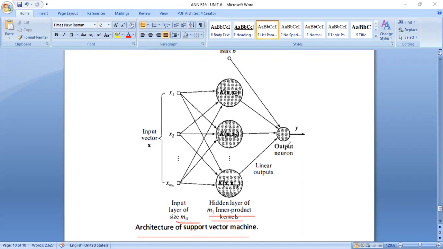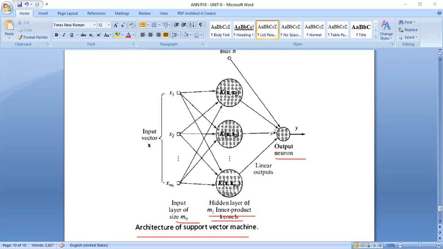After that, coming to the last layer, the output layer. At the output layer we have only one neuron, called the output neuron. For this output neuron we have applied a bias, as an input to the output neuron.